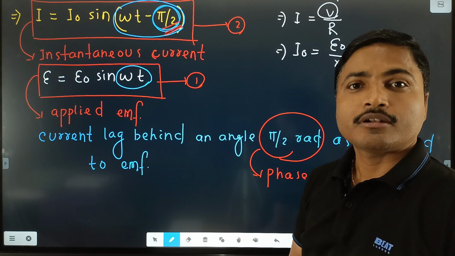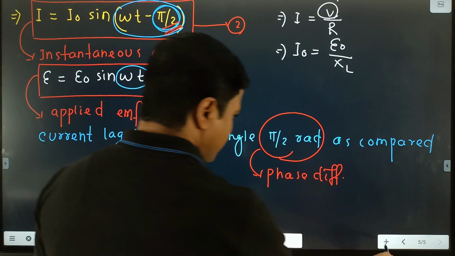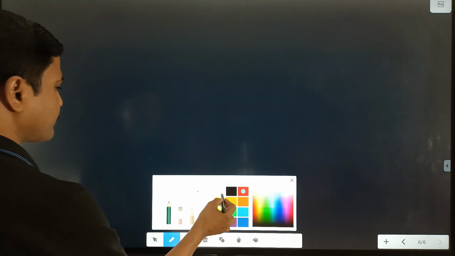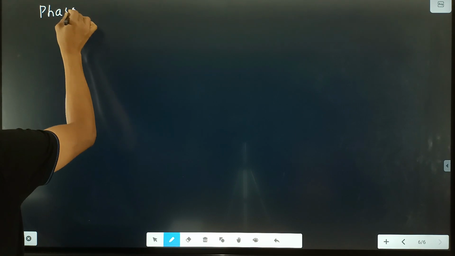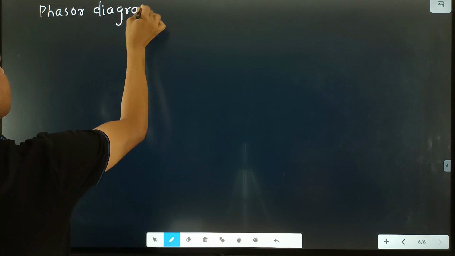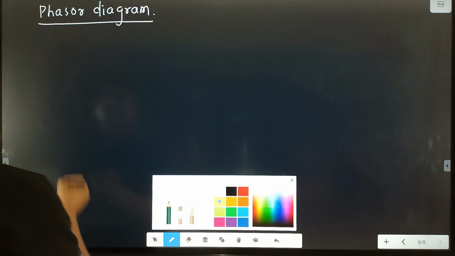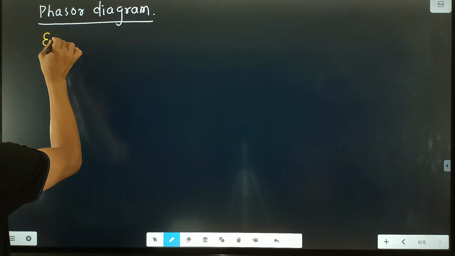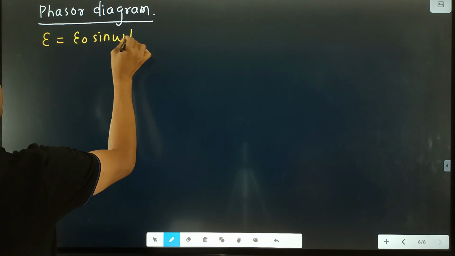Clear? Now you draw the phasor diagram. That is the next point. Simply you draw the phasor diagram. There are two phasors. One phasor is the EMF, E is equal to E0 sin omega t.